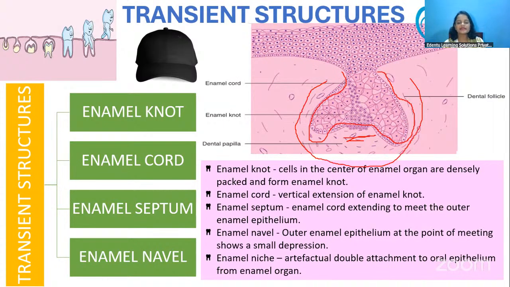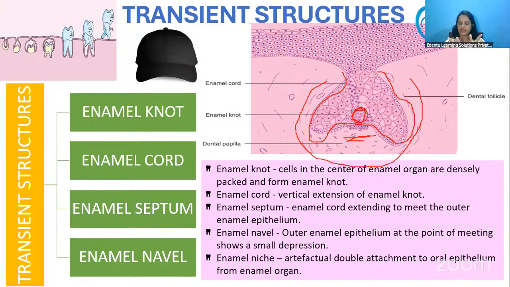At the center of this enamel organ, towards the base, a few of the cells start getting condensed, and will form a knot-like structure, just like the thread knot we make.